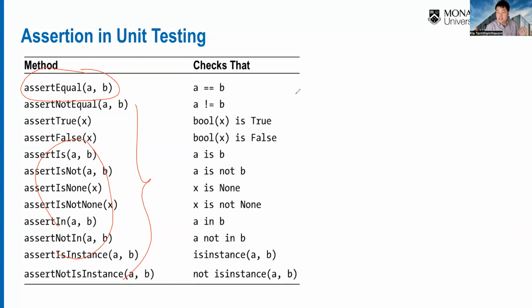in the studio this week, there will be one task about gym eligibility. Let's say anyone who is eligible for the gym membership should be older than 18 years old. We cannot use assert equal.